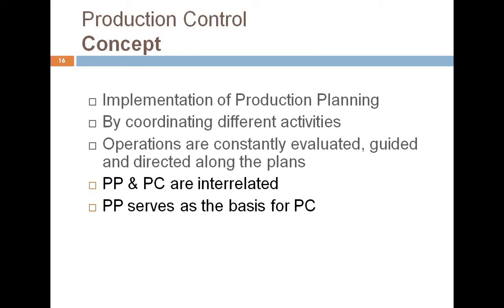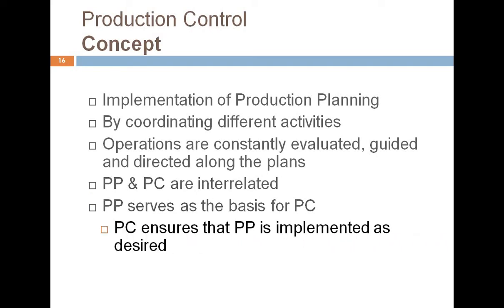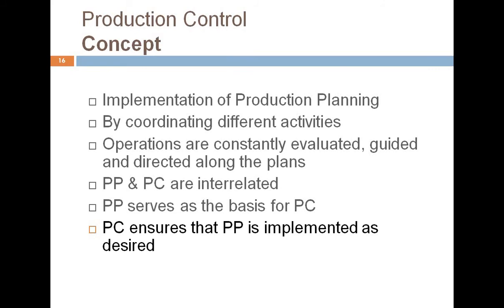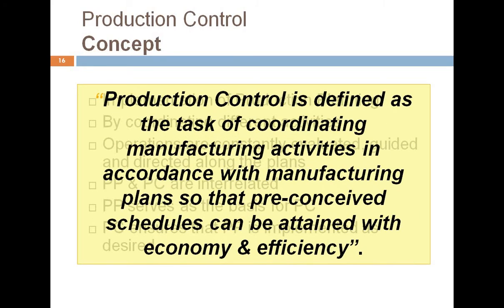So production planning serves as the basis for production control, right? Production control ensures that production planning is implemented as desired, as we have decided during the production planning phase. So this is the meaning of production control.